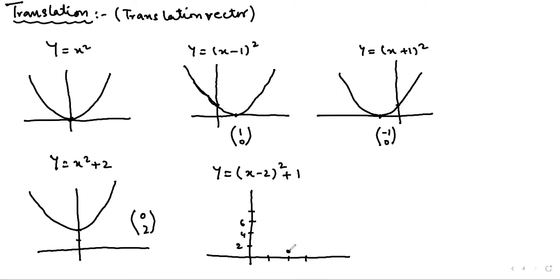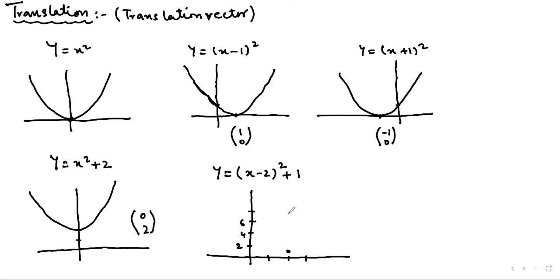You can see that here, in the first diagram, the line of symmetry is x is equal to 0. We will add 2 in the x coordinates. The new line of symmetry will be x is equal to 0, add 2 in the x coordinate. The new line of symmetry is now, so 2.